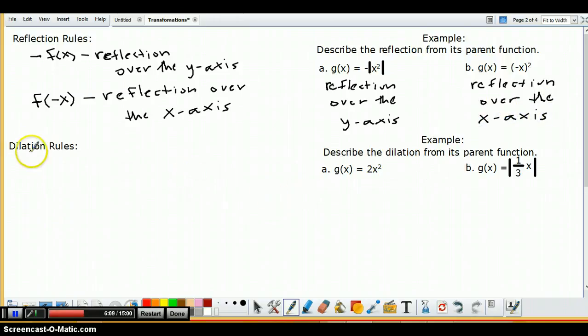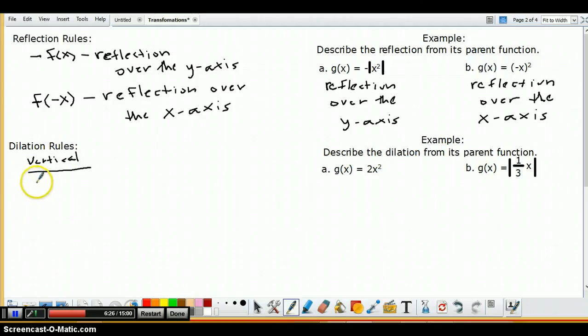All right, dilation rules. This one gets a little sketchy as well. So we have vertical again. Just like with the translations, vertical is outside.